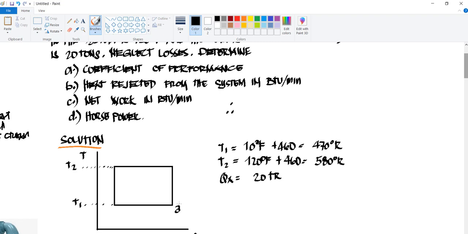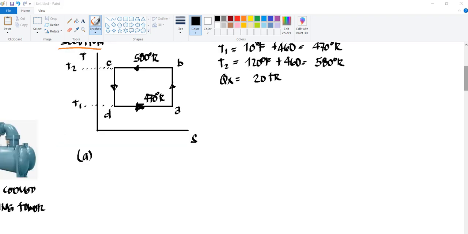This is your letter A, then letter B going up here, this is our letter C, and we have your letter D. We can draw the cycle here, with 580 degrees Rankine and this is 470 degrees Rankine. Now for letter A, we have your COP.